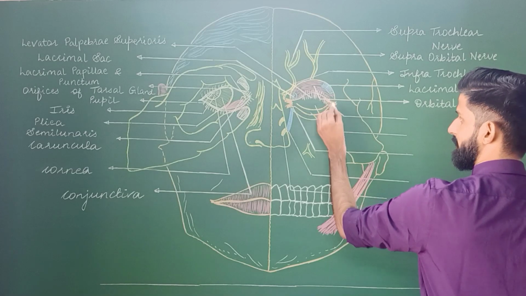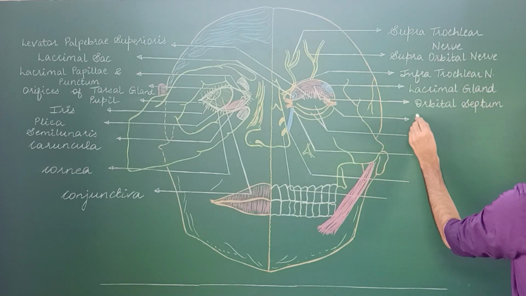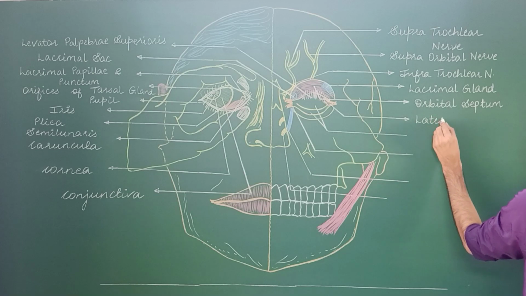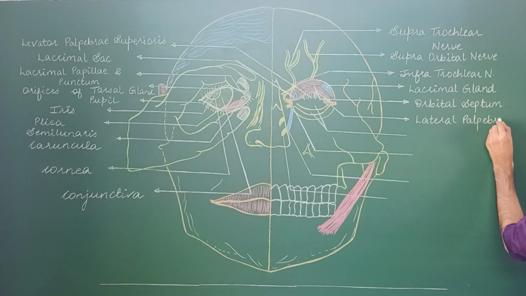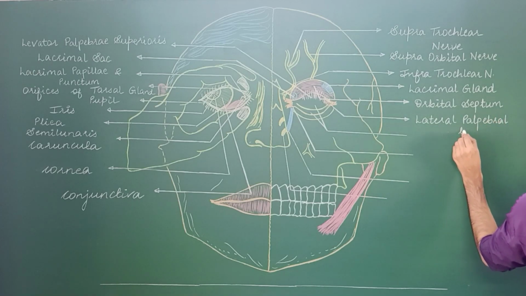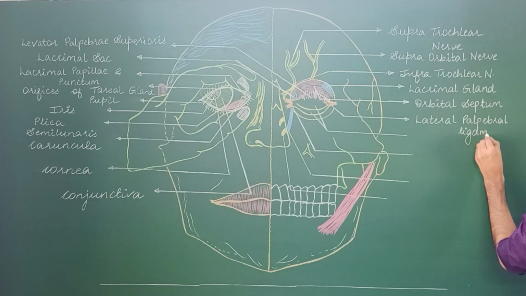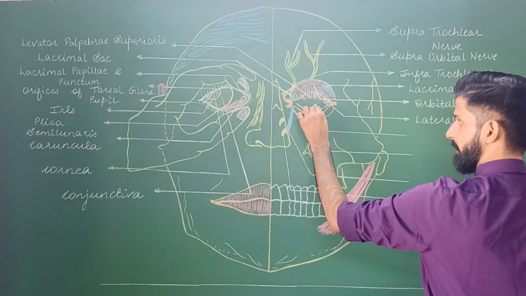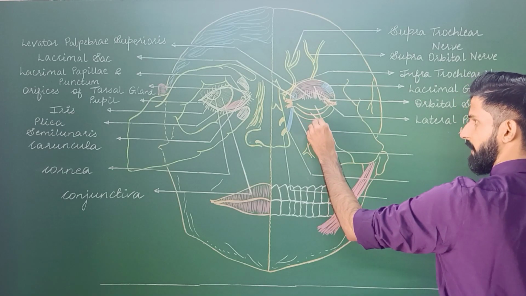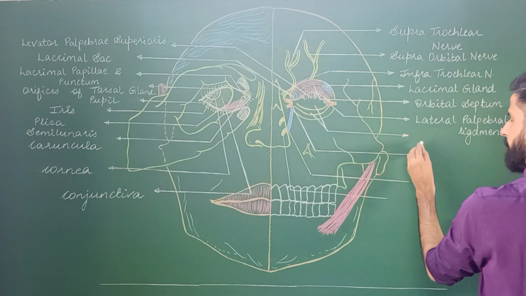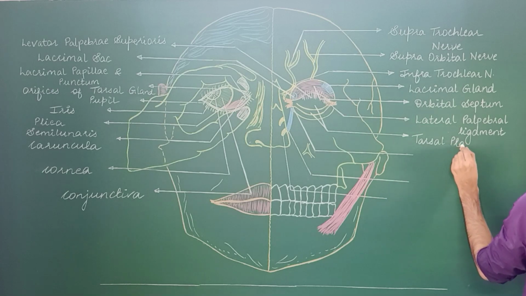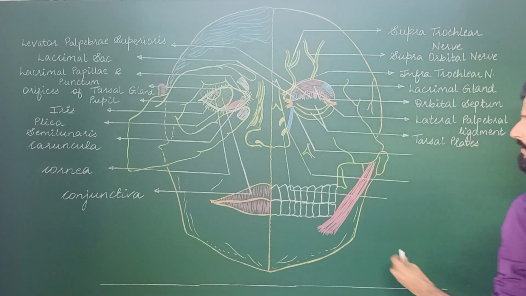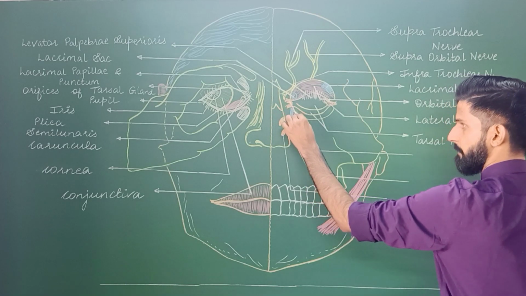Followed by the lateral ligament, lateral palpebral ligament. Then these are the tarsal plates 1 and 2. Then this is the medial palpebral ligament.